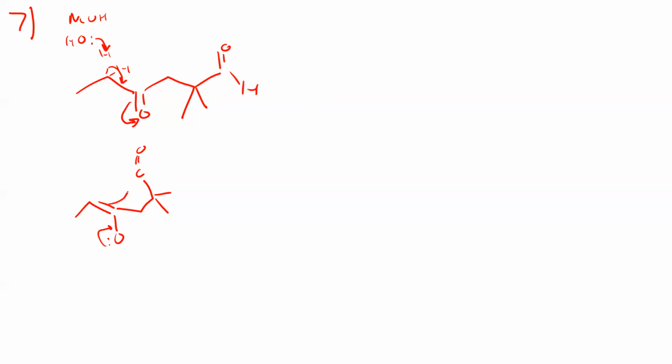This could do an attack here. 1, 2, 3. A 5-membered ring. We see we create this 5-membered ring. It can be protonated with water, so I'll just draw the OH there. We do have a hydrogen here.